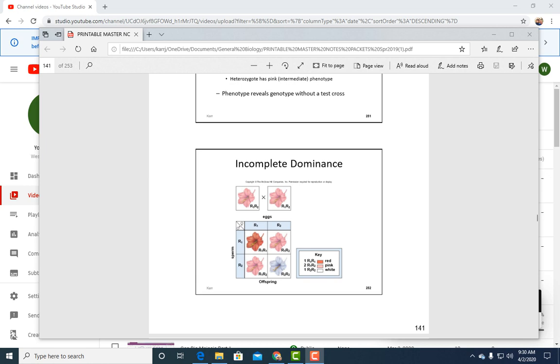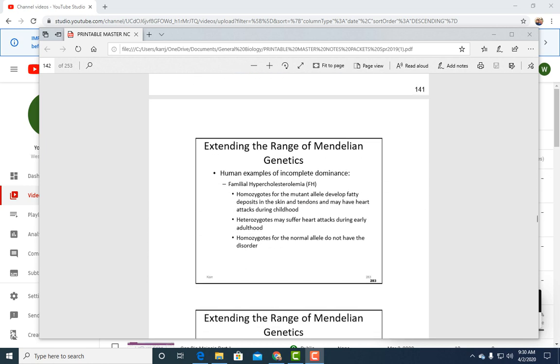So an example of incomplete dominance that we see in humans is people that have cholesterol issues. Sometimes we see people that have cholesterol problems early in life. This is called familial hypercholesterolemia, which means high blood cholesterol.